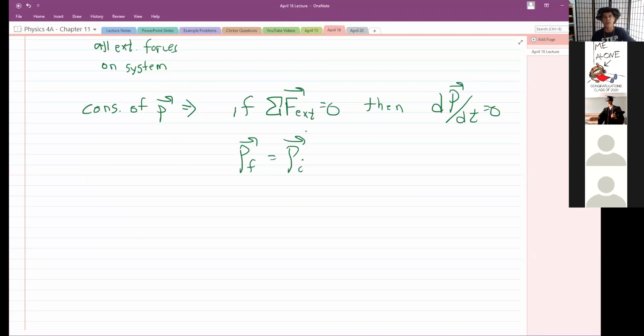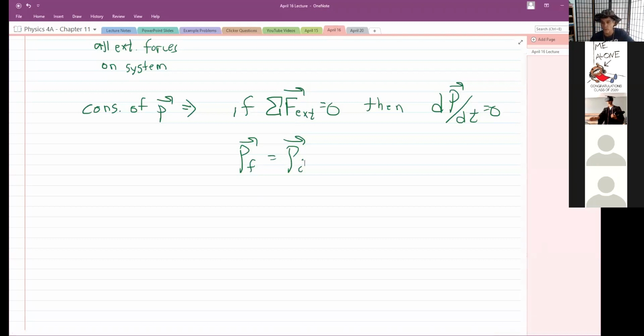But momentum is always going to be conserved during a collision because I can define my system as 2 objects, and when those 2 objects collide, the forces they exert on each other are internal forces. And so as long as there's no external forces acting on it, momentum will be conserved.